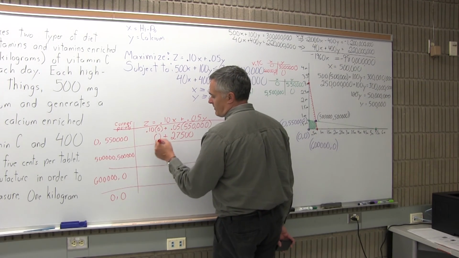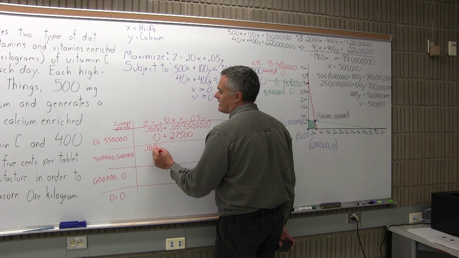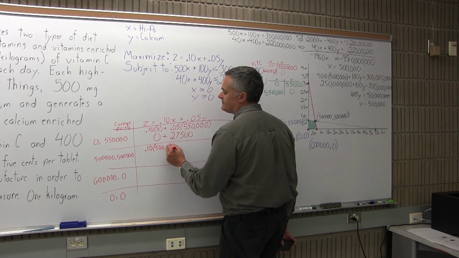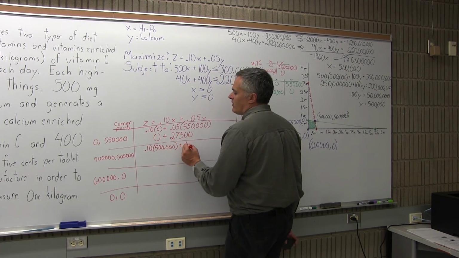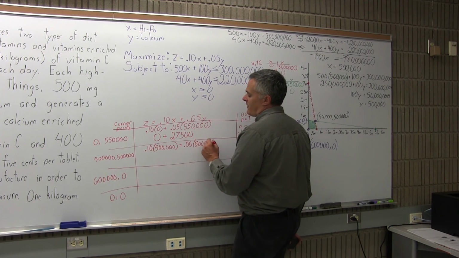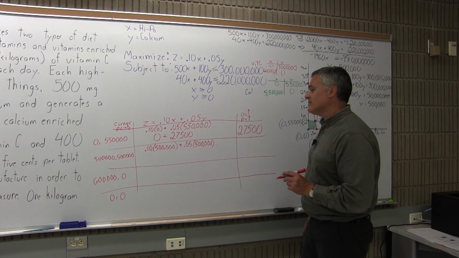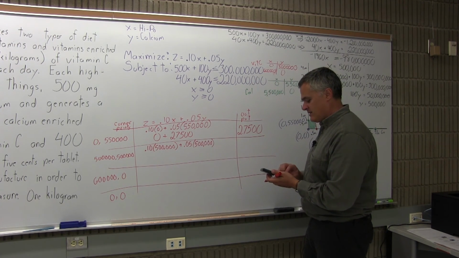So going back to my objective function, 0.10 times x becomes 0.10 times 500,000. And 0.05y becomes 0.05 times 500,000. So 0.10 times 500,000 should be 50,000.